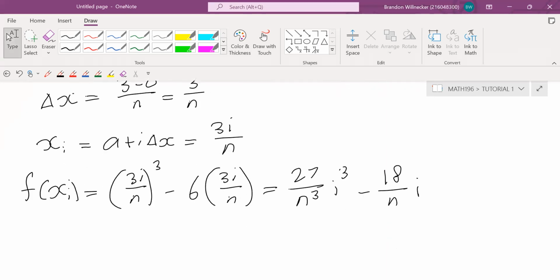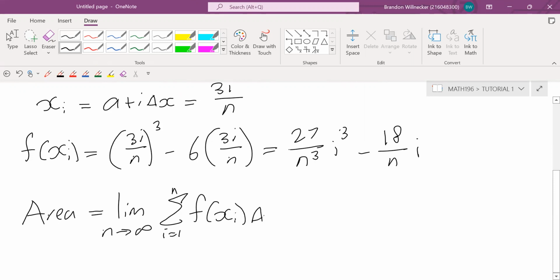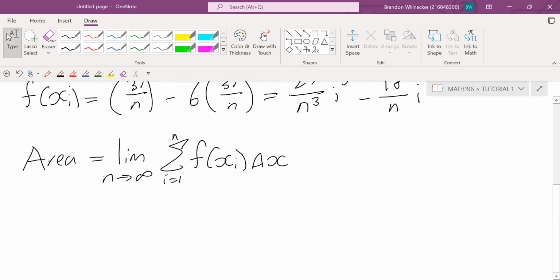Okay, so let's get to the main calculation of finding the area. So the area is equal to the limit as n goes to infinity, the sum from i equals 1 to n, f of x_i delta x. Okay, so now we can substitute what we know.